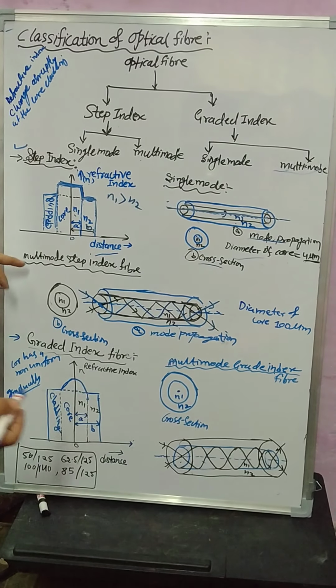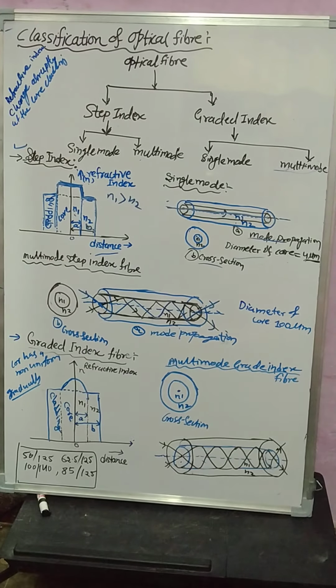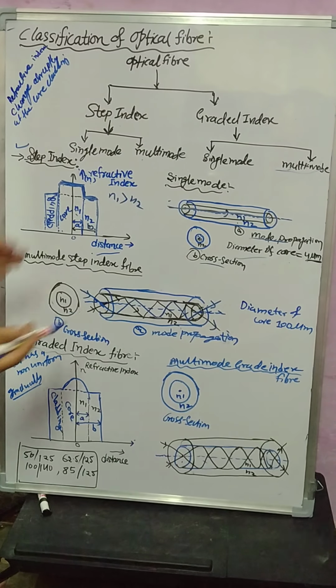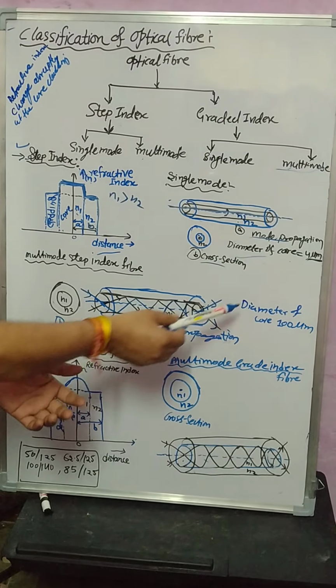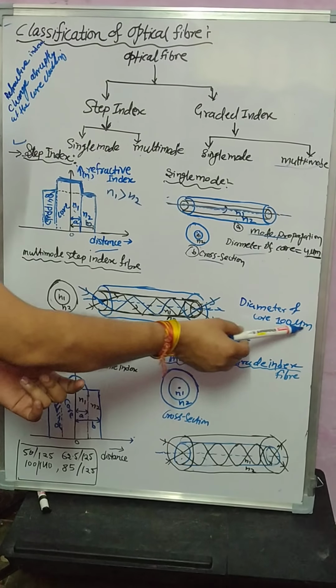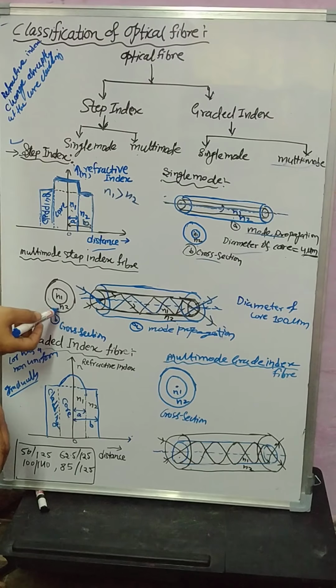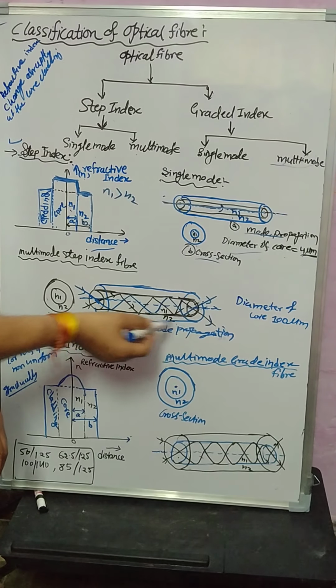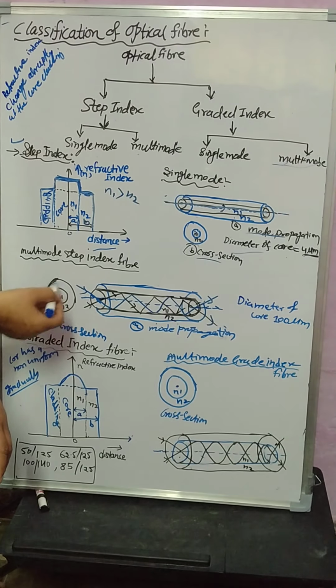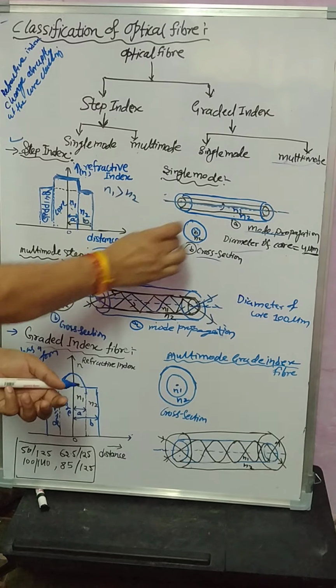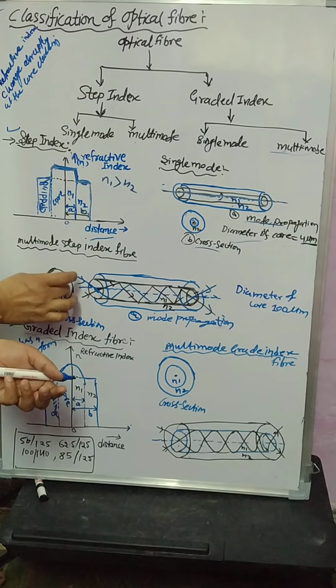And next, multi-mode step index fiber. So we increase the diameter of the core. We have mentioned here the diameter of the core is about 100 micrometer. The first is the mode propagation and second is the cross section area. According to size, this size is very small, but it is increasing.